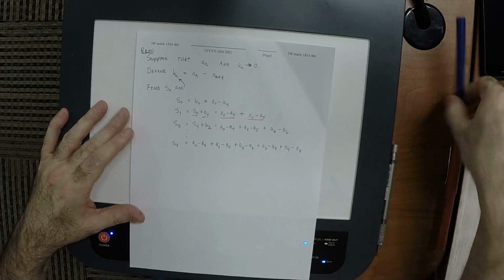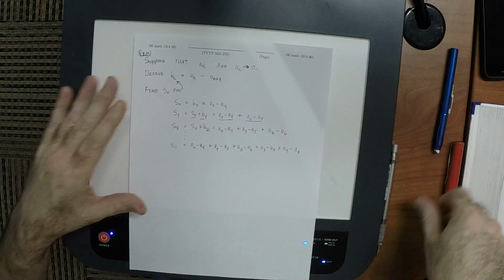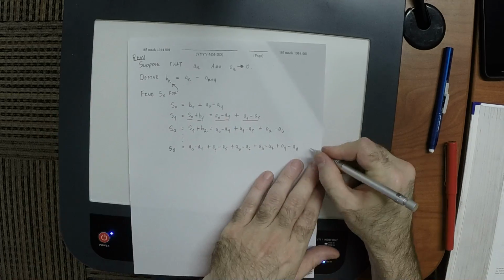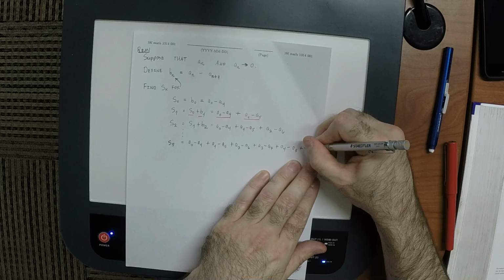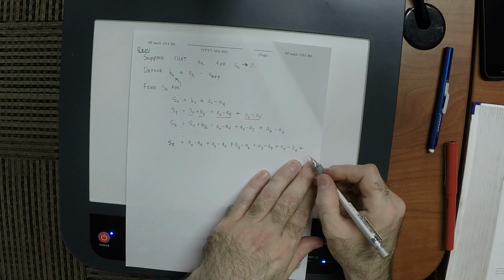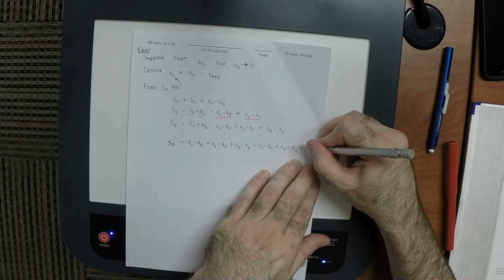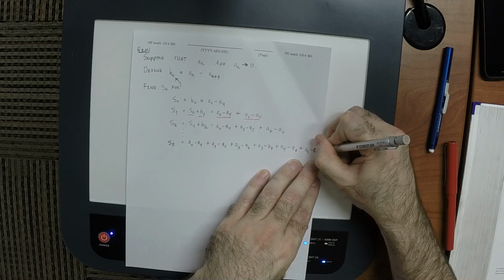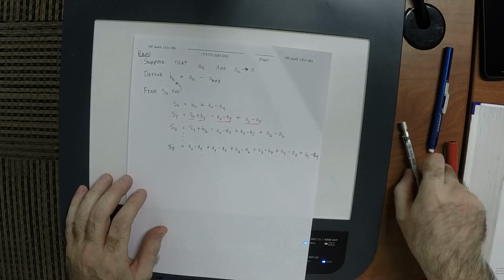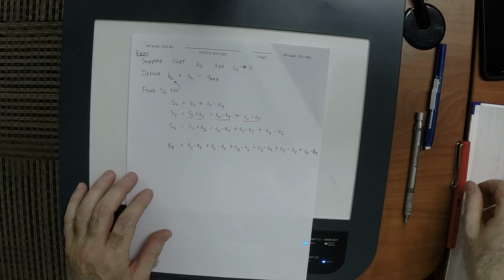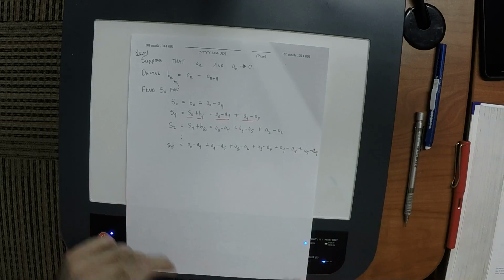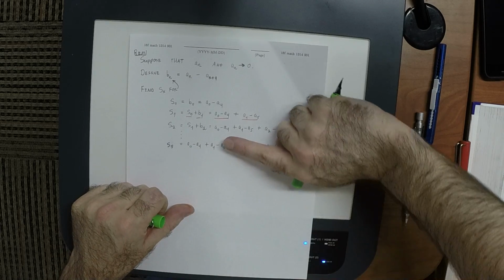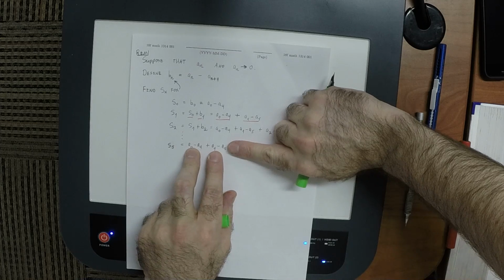So now I'll make it 5 so that you can see the joke. S5. So what's the last one then? A5 minus A9. Now, what's the joke? So notice that for these, there's no cancellation, right? Nothing is canceling.